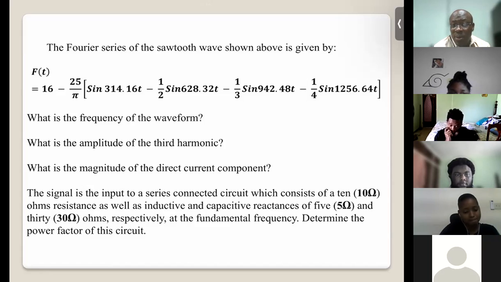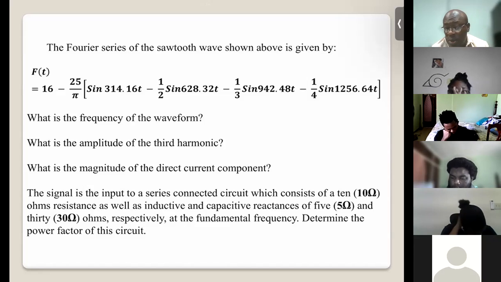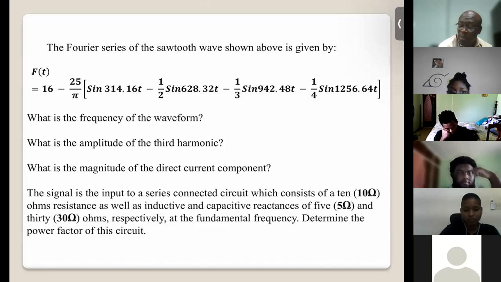If you look at the question we did for the full wave rectified wave, there was no fundamental. You had a DC component, and then the second, the fourth, and the sixth harmonics. So you need to do a quick check. In this instance, you look at 628, 942, and 1246. If you divide each of those by 314, you would get a whole number.